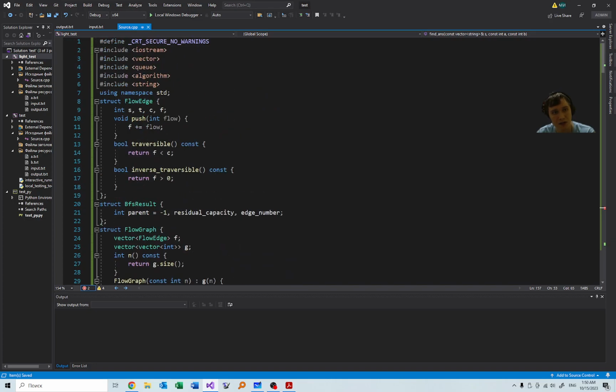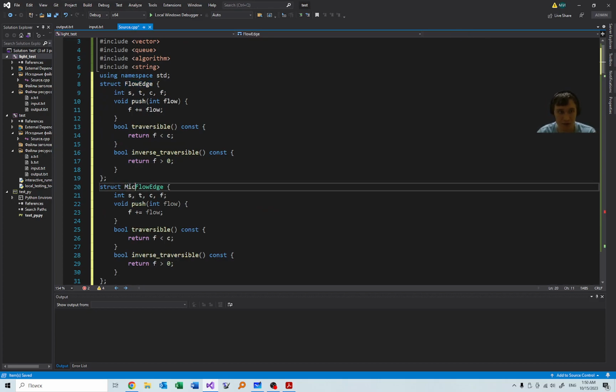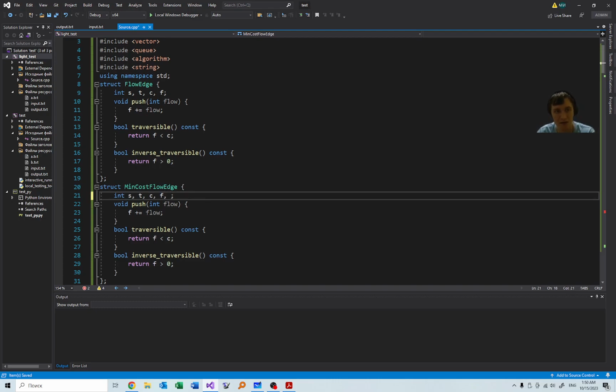Yeah, so now I need min cost flow edge. And now it is also of a cost which I will call A. Okay.